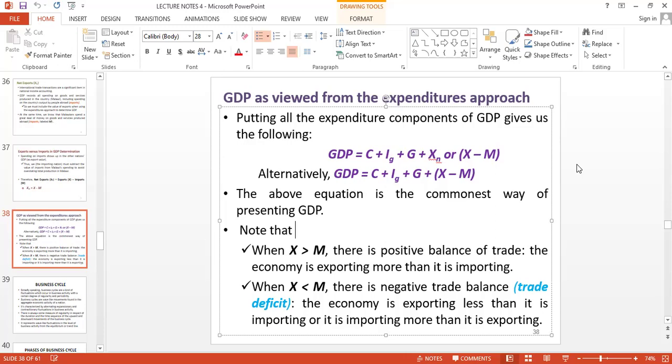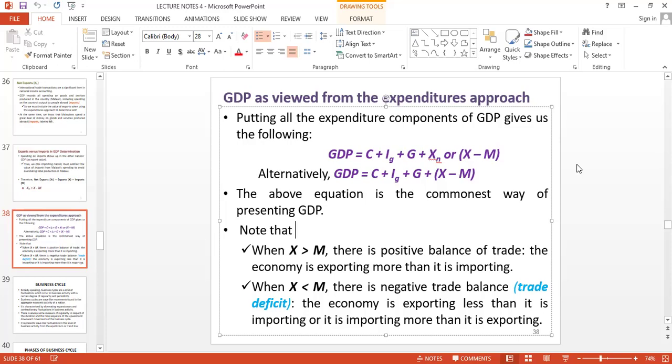And you might have been hearing quite a lot about issues of being an exporting country or export led growth, meaning the GDP is being driven by exports, meaning that the net exports is huge in your equation here. So this equation, which is GDP is equal to C plus I plus G plus X minus M. X minus M is what we call net exports.